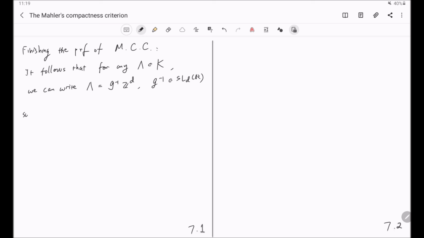Our superclaim implies that the columns of G inverse can be uniformly bounded by a constant that only depends on D and S.